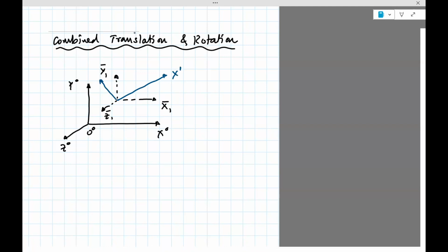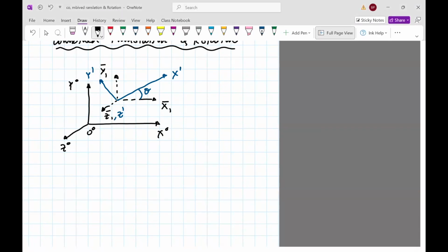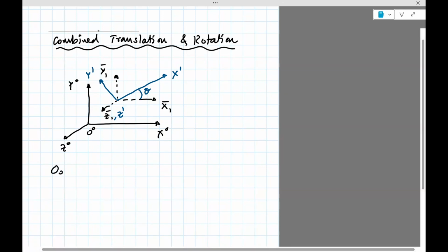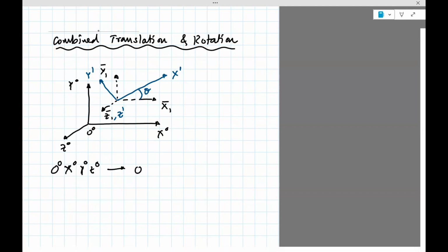So we have x1, y1, and then z1. So we have O0, X0, Y0, Z0 moves to this, which will be O1 bar, X1 bar.